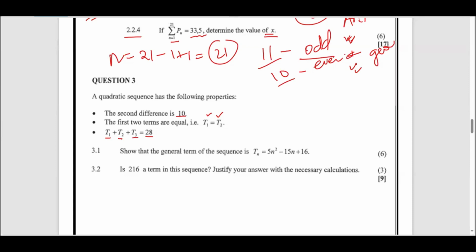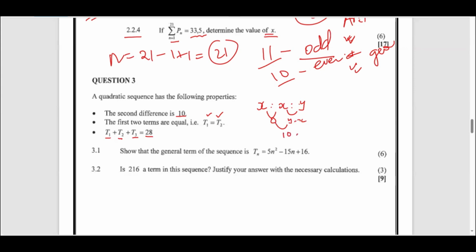Now, what we can see is that for as long as the first terms are the same, it simply means that the first term of the first difference is 0. Okay. I don't care what this one will be, maybe a y. Okay, y minus x. The second difference is 10.